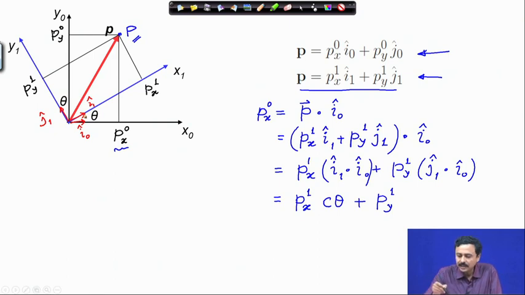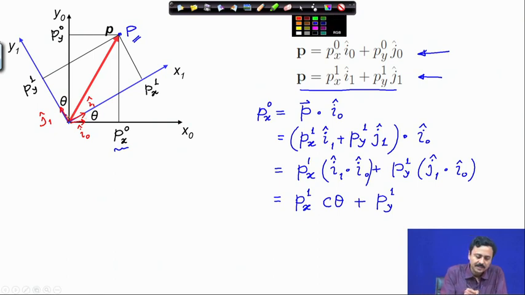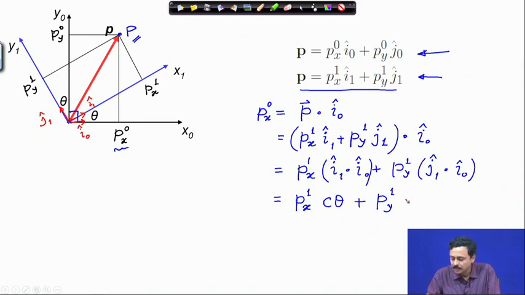That angle is 90 degrees plus theta, as you can see. So, this becomes Px1 cosine theta plus Py1 times cosine of 90 degrees plus theta.